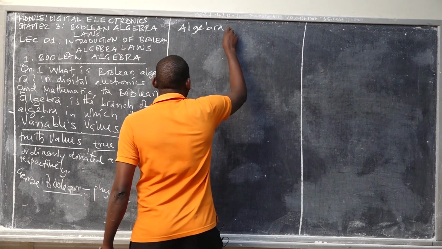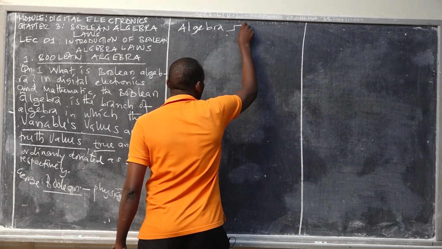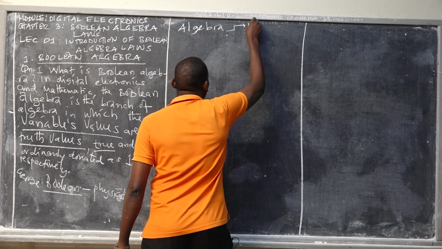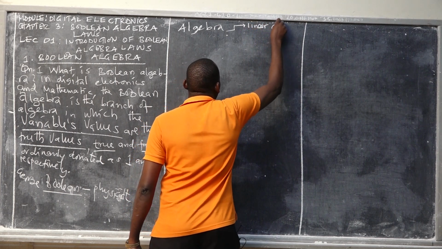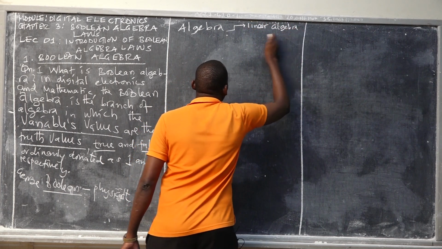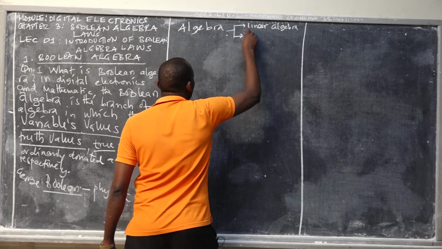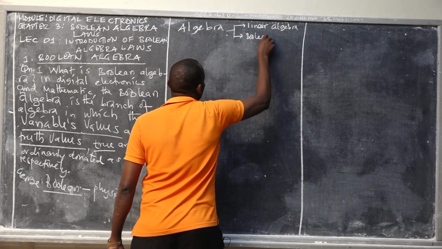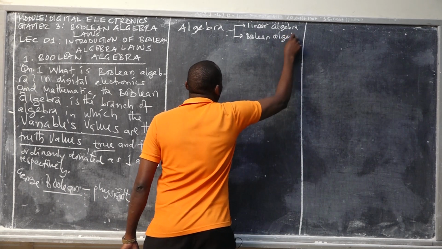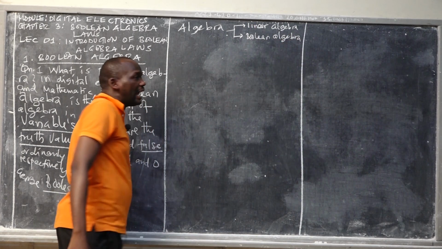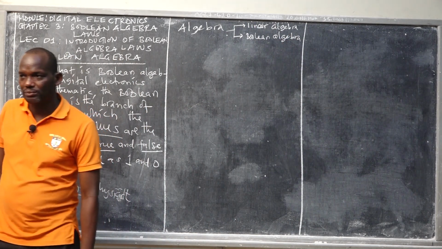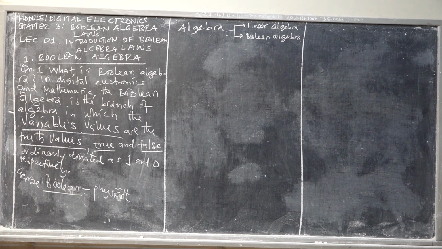Simply, in algebra we have two branches. The first one we call linear algebra, and the second branch we call Boolean algebra. Linear algebra is the one you use to learn about simultaneous equations, quadratic equations, and polynomial functions. Those are the branch of linear algebra.